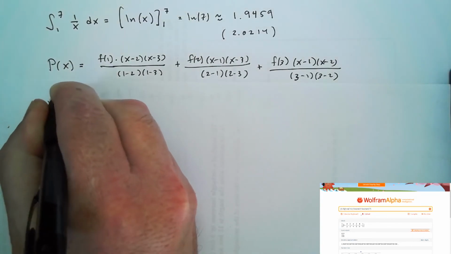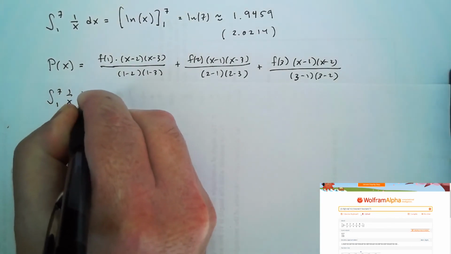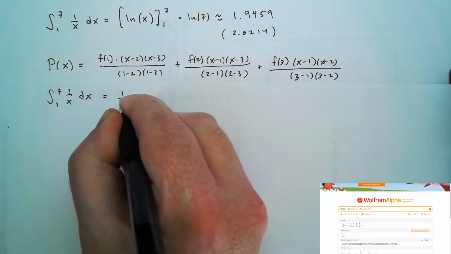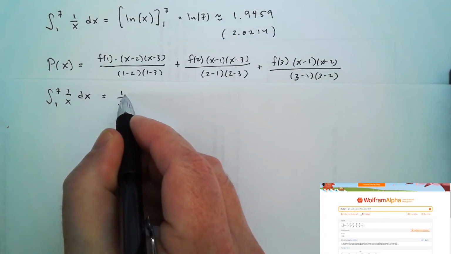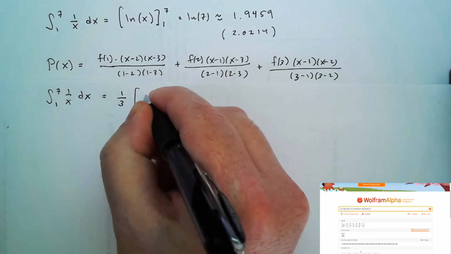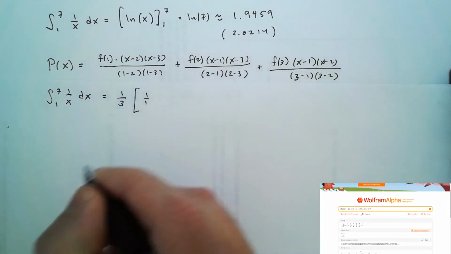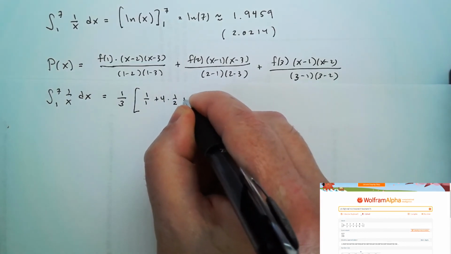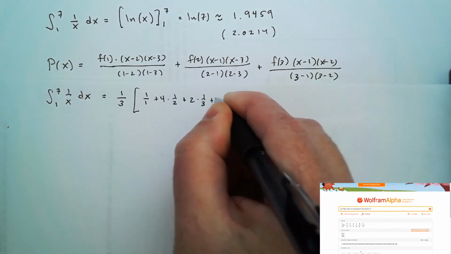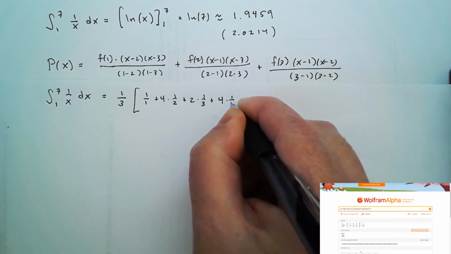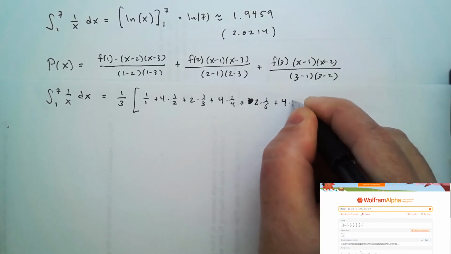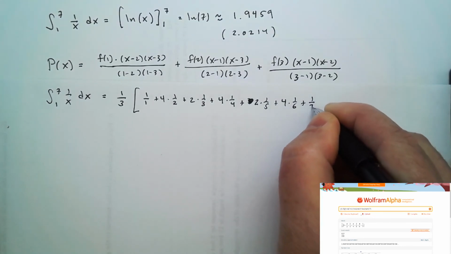For the integral from 1 to 7 of 1 over x dx, our parabolic or Simpson's rule approximation will be 1 over 3, our delta x, the width of each little interval of the partition is 1 in our case. Then we have 1 over 1, the function value at 1, plus 4 times 1 over 2, the function value of 2, plus 2 times 1 over 3, plus 4 times 1 over 4, plus 2 times 1 over 5, plus 4 times 1 over 6, plus 1 over 7.